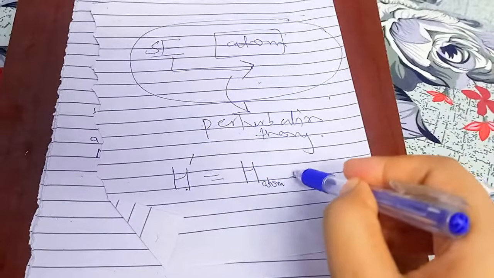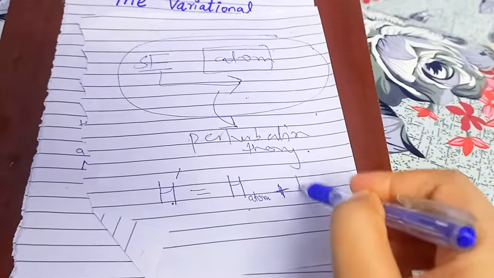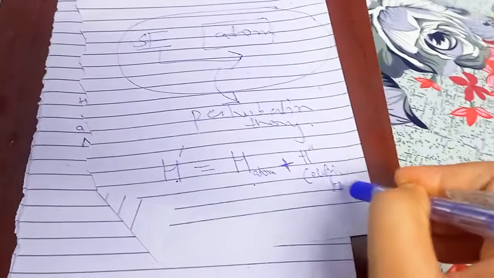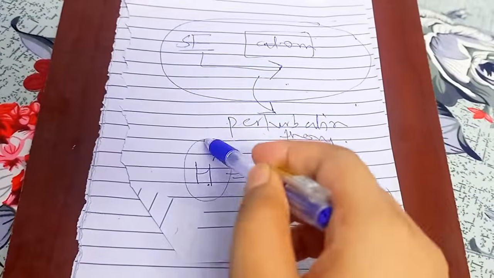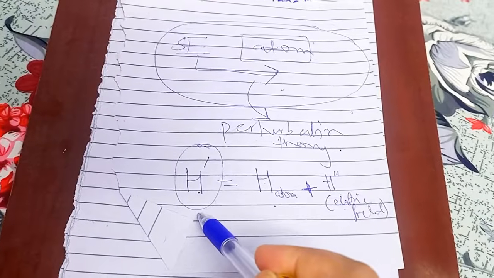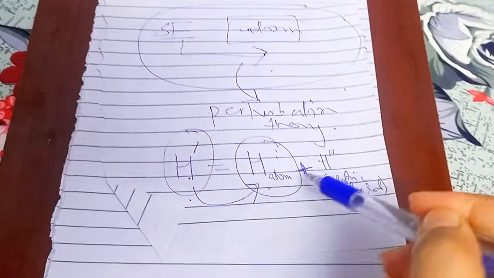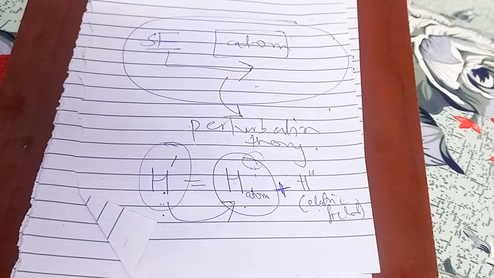We say that it is just a linear combination of that unperturbed hydrogen atom's Hamiltonian and some small perturbation, which is the energy due to the electric field. So we compare the new Hamiltonian, whose wave functions and eigenenergies are not known, to another related Hamiltonian that is really close to this one, whose solutions are already known. Like we already know the solutions of hydrogen atom and its eigenenergies.